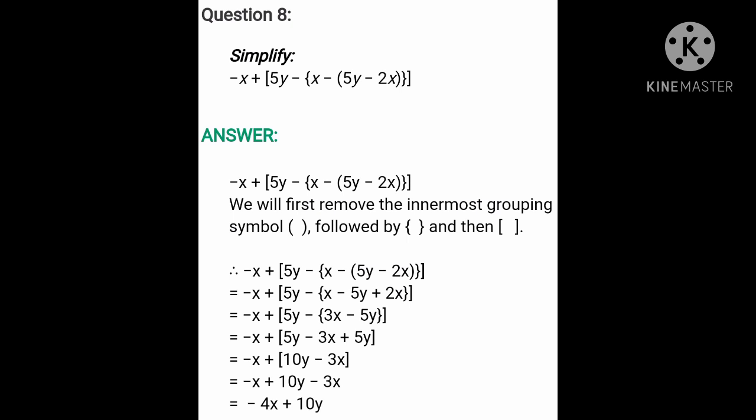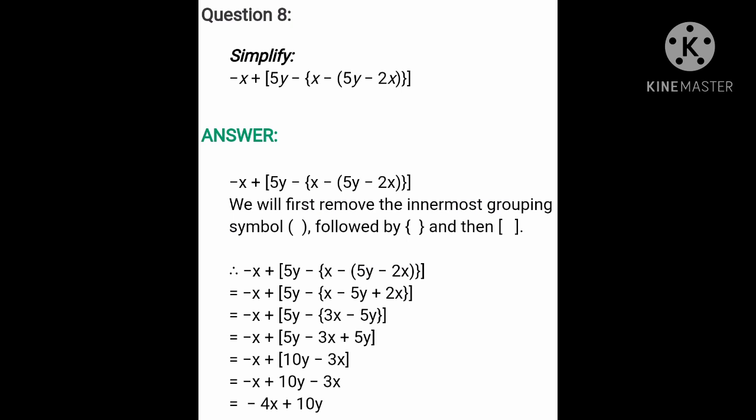Now a minus sign is there, so 5y will become minus 5y, and minus 2x is there, so it will become plus 2x.